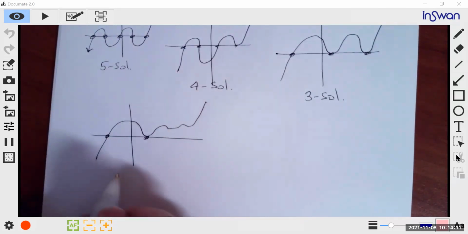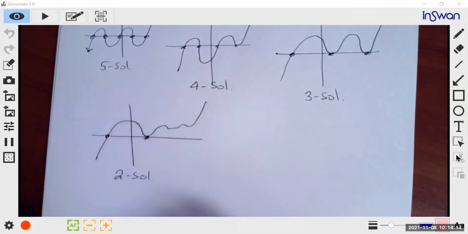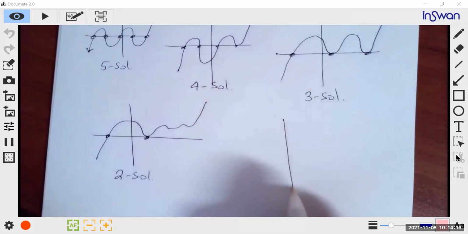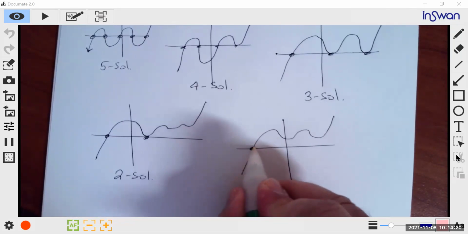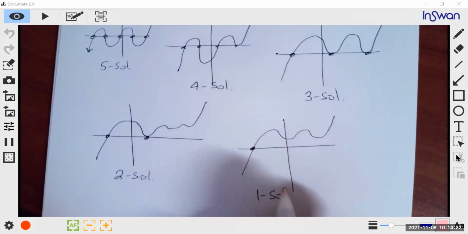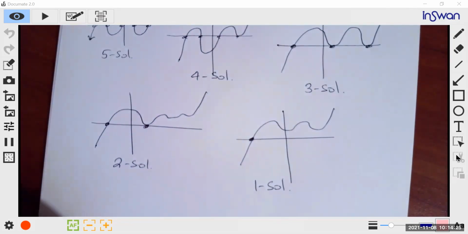We can have 2 solutions. We can have 1 solution. That's it. The smallest you can have is 1 solution here.